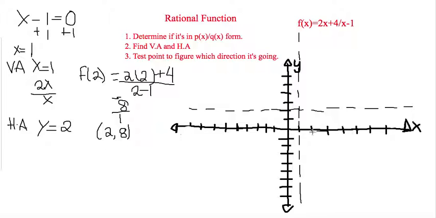So here's 2, and then 8 is 1, 2, 3, 4, 5. So here it is. So it's going to look something like this, and it will never touch.